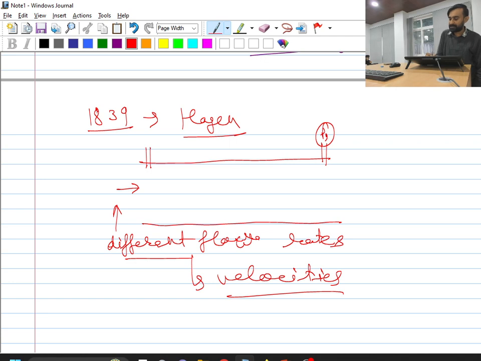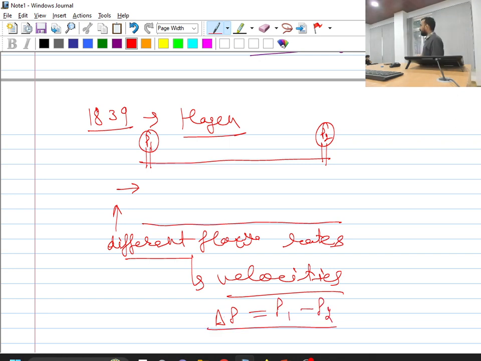Say at this point pressure is P2, at this point pressure is P1. So delta P was considered as the pressure drop, P1 minus P2, and this delta P was plotted as a function of the velocity of the flow.